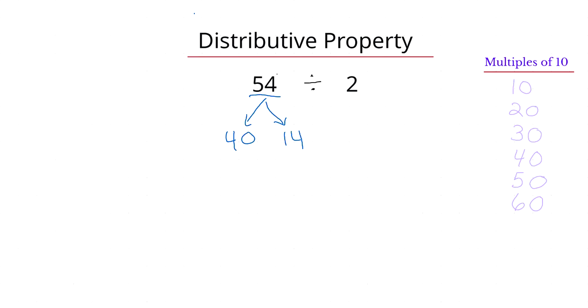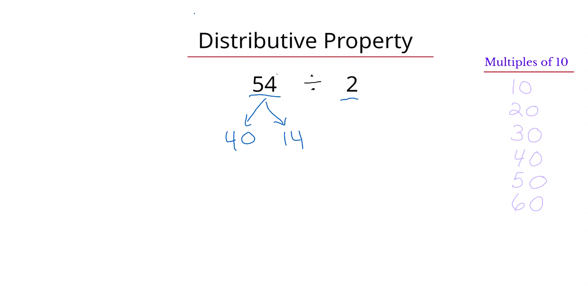You pick numbers that work well with your dividend over here. Or better yet, you pick a multiple of 10. And that's why they're to the right. I could have picked 50 and 4, just so you know, and I would get the same answer.